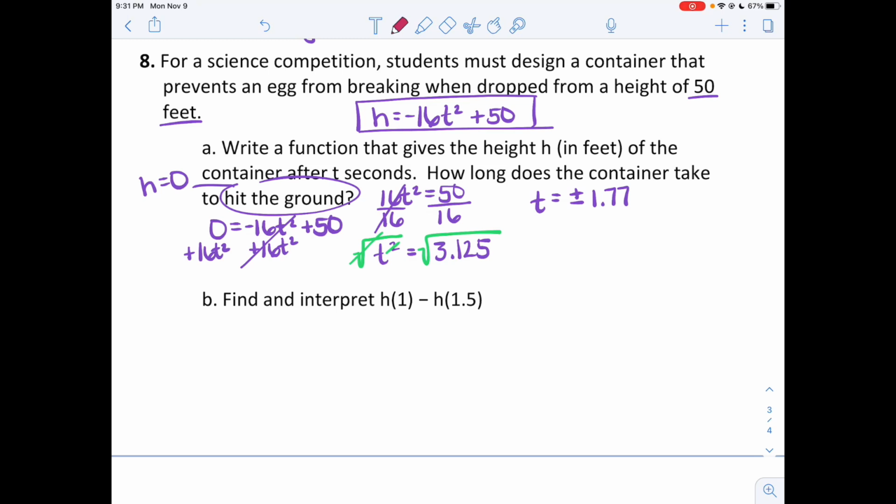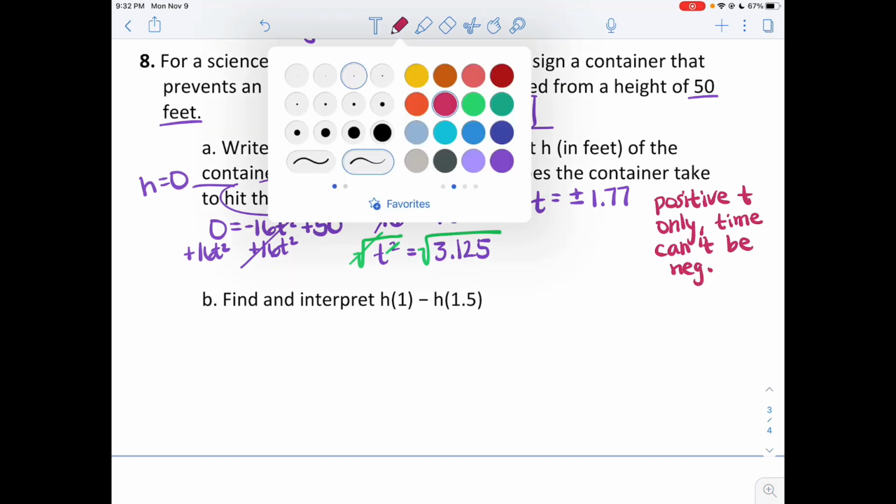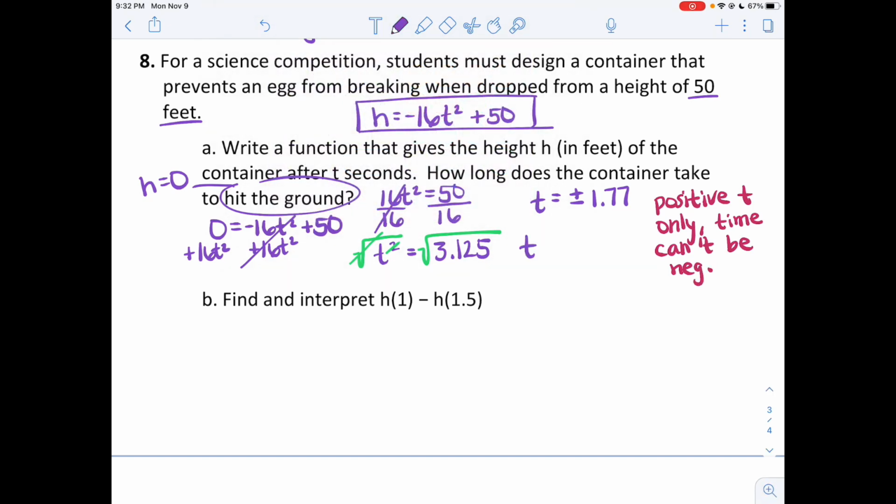But if you don't, then let's say that the positive t is the only one we can use because that's the only one that makes sense. Time can't be negative. Okay, so that means that our final answer is that t is equal to 1.77 positive seconds.